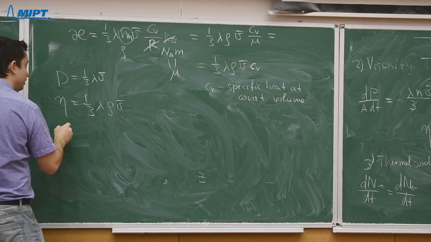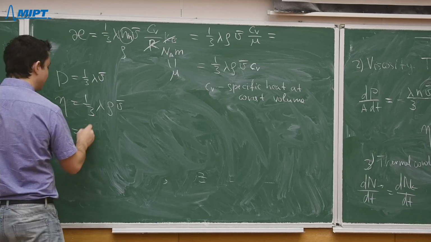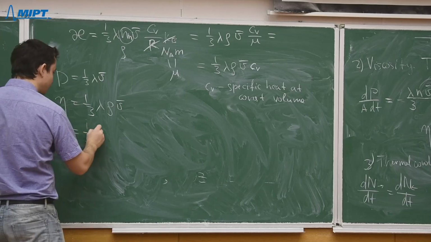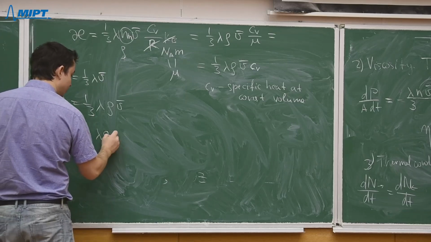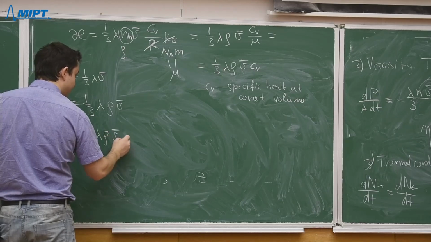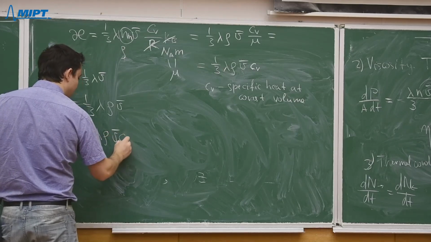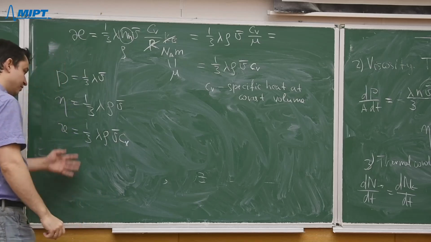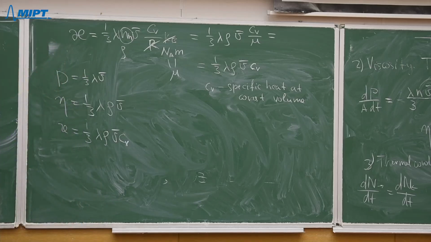And for thermal conductivity, I have 1/3 times lambda rho average V multiplied by the specific heat at constant volume.